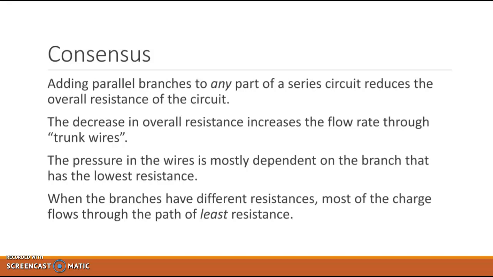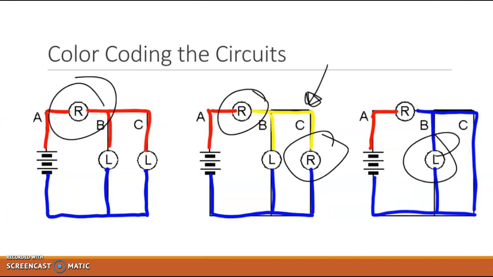Something else that we saw is that the pressure in the wires mostly depends on the branch that has the lower resistance. In circuit number 2, the long bulb, we didn't really try to guess the pressure in that wire based on the long bulb.